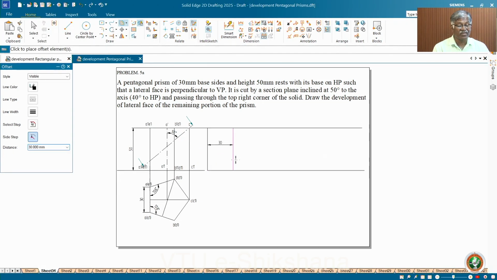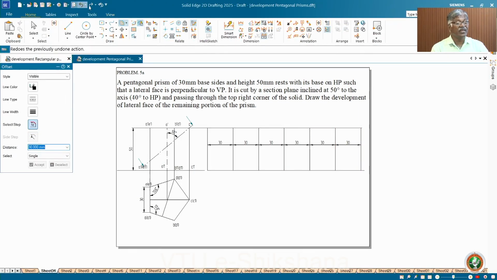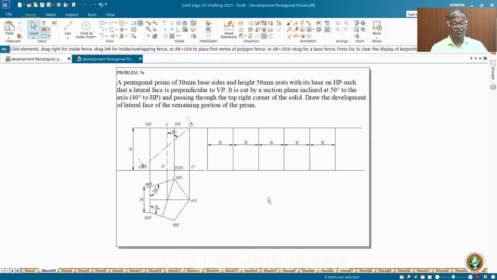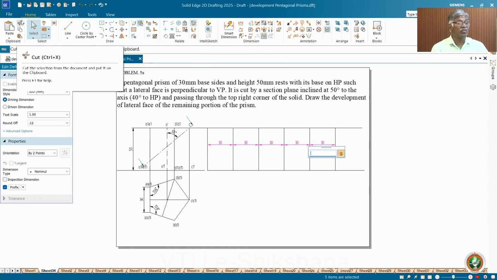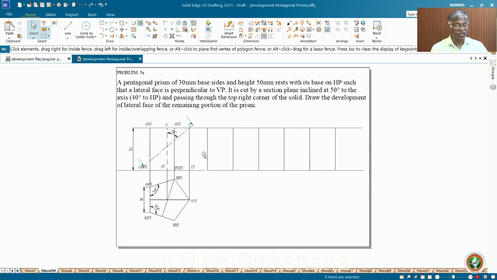Then you come here, this side, yes, this side. See that it is single, not the chain. 1, 2, 3, 4, 5, 6. You can do 6. If you want to keep the right click, do 6, and then say keep one off. 1, 2, 3, 4, 5. Then if you don't want this one, you can block that and then remove. That's all.